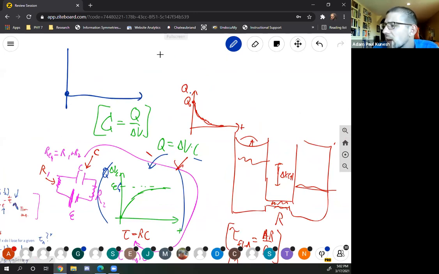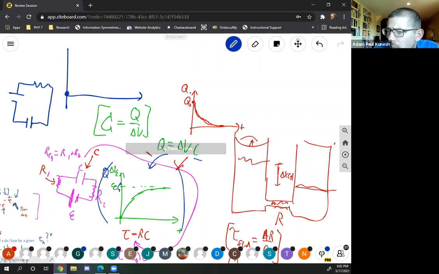So when I do that, let's look at this. Here's my system. It's a capacitor. Here's a battery, and here's a resistor. When I find the change in voltage across my capacitor as measured from the direction of the current flow, so like if current's flowing this way, it will be a negative number. Delta VC will be negative.